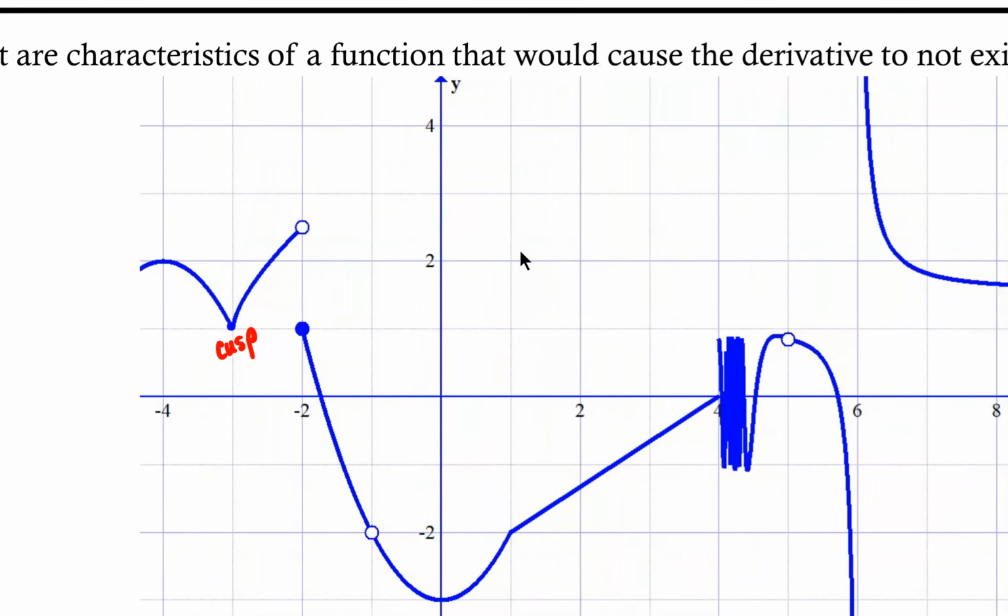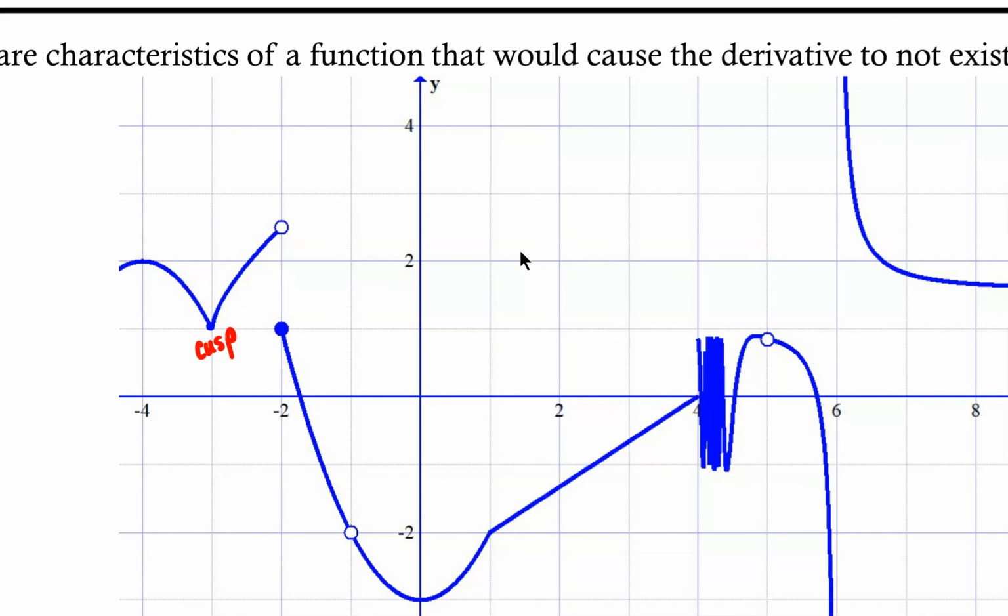Okay, moving along. Now we have a jump discontinuity. And the derivative of a function does not exist at a jump discontinuity because the tangent line to the curve, if I'm coming from the left and I'm hoping to create a tangent, I have one behavior.